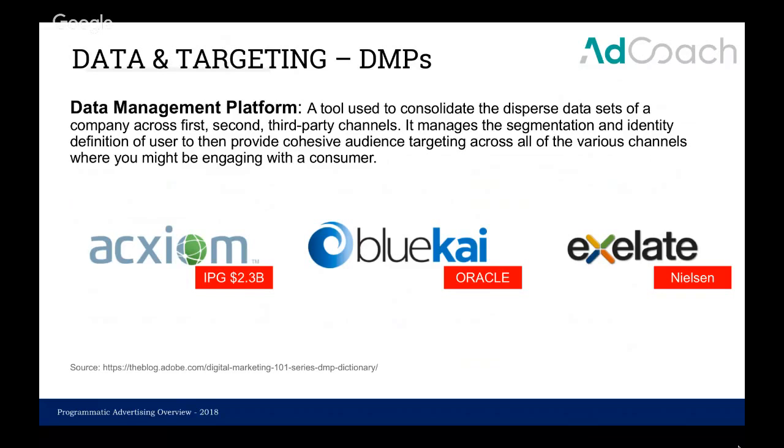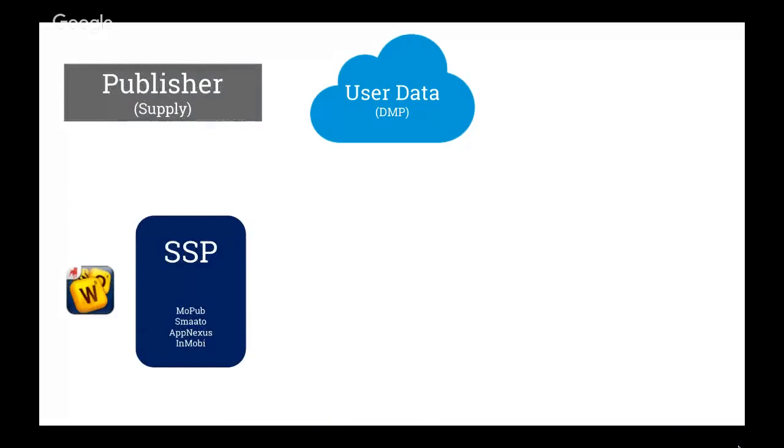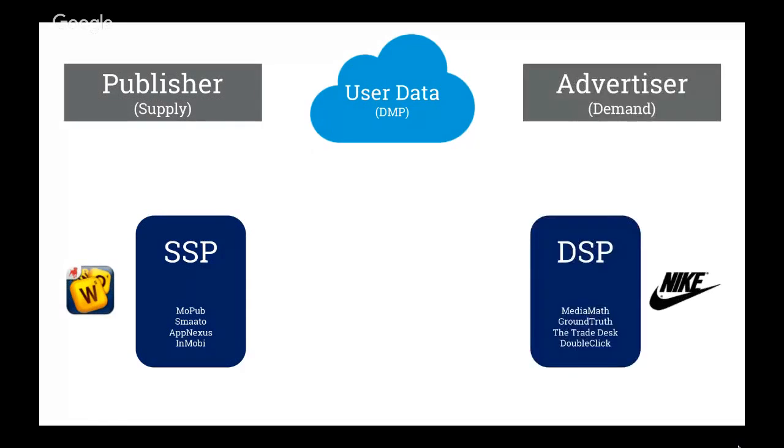So how might that change the picture if you're using a DMP to target an individual? Well, let's look at that process again. We have the publisher on the supply side and the advertiser on the demand side. We have Nike again and Words with Friends on the supply side as our potential app. And then under the SSP and DSP section, we have a couple of examples of both those companies.